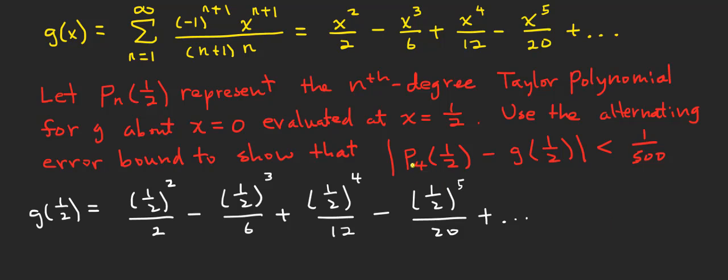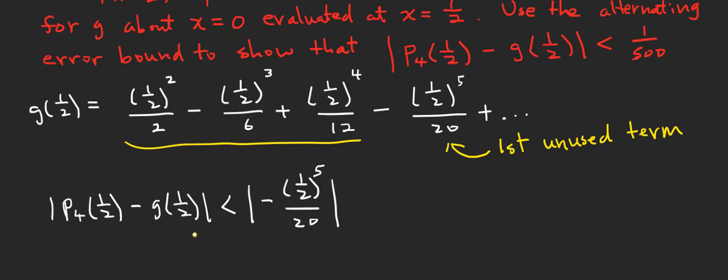And what about p sub 4 of 1 over 2? Well, that is a 4th degree, so that will be these three terms over here. And this is the first unused term. That means the error will be less than the absolute value of negative quantity 1 over 2 to the 5th power over 20.